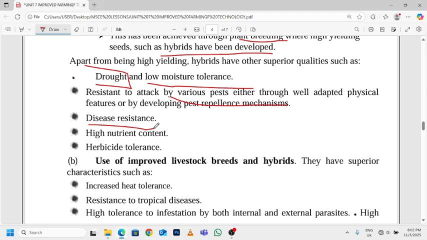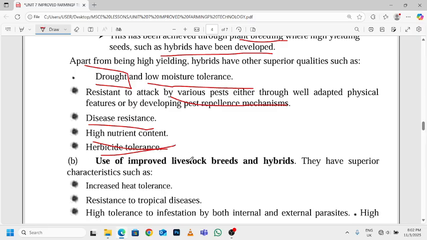But also high nutrient content, like soya. Soya provides nutrients, like proteins. So you can also mix those that have high nutrient content, as well as herbicide tolerance, that are tolerant to herbicides. So that's the first one, improving the yields of the crops.